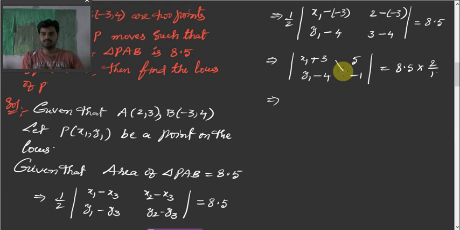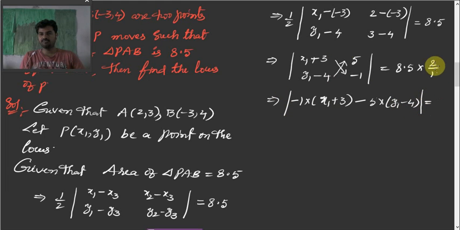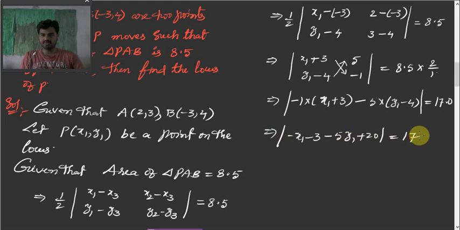Now simplifying: minus 1 into (x1 plus 3), next minus upward direction, so 5 into (y1 minus 4), so the modulus is equal to 8.5 into 2, the answer will be 17.0. Now simplifying here: minus x1 minus 3 minus 5y1 plus 20 is equal to 17.